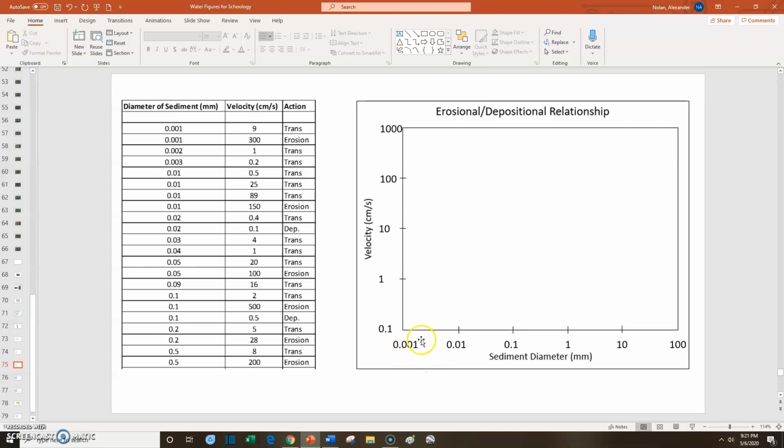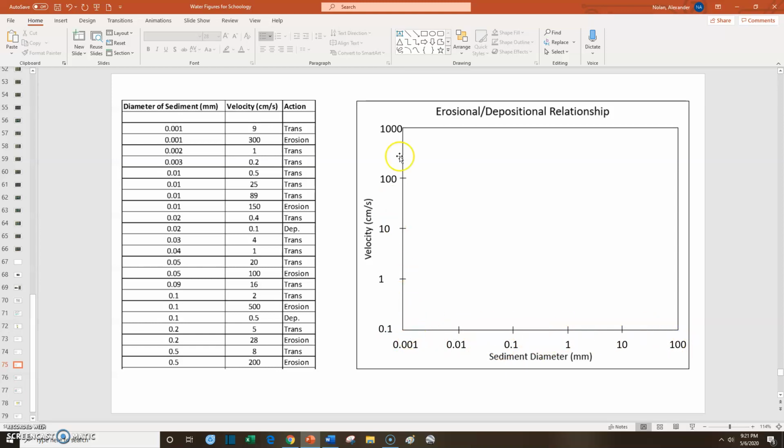I'm starting at my smallest sediment size, 0.001, but instead of just increasing linearly, I've actually multiplied each dash by 10. So the decimal moves with each dash: 0.001, then 0.01, then 0.1, then 1, then 10, then 100. You see what I've done there? Instead of increasing by the same amount, I've multiplied it by 10.